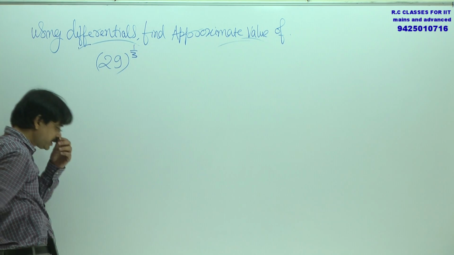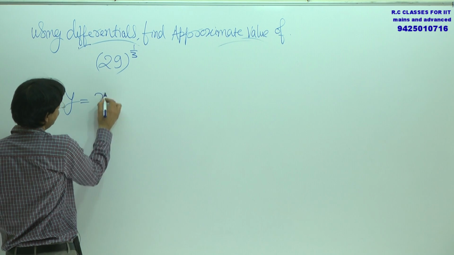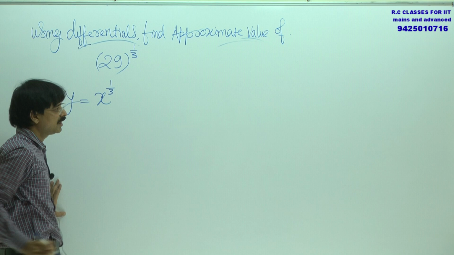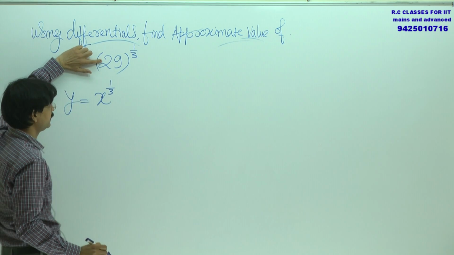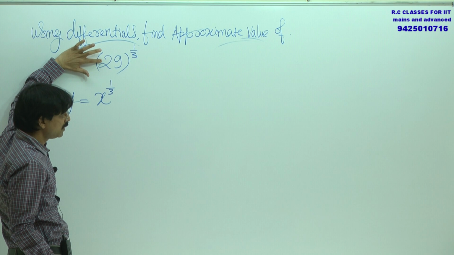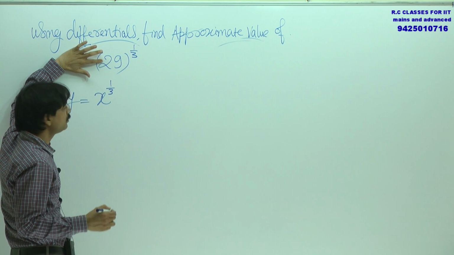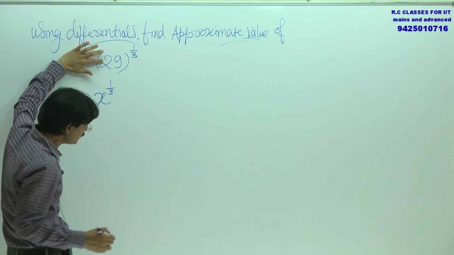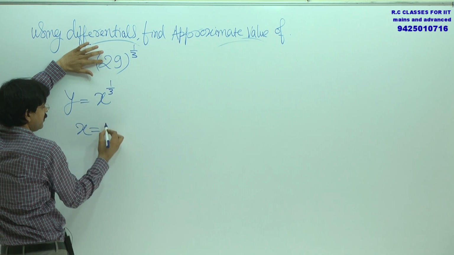We will take the function that we consider from our side as x raised to power 1 by 3. We will take the closer value whose cube root we know, that is clearly 27, and the cube root of 27 is 3. So we'll be taking x as 27.